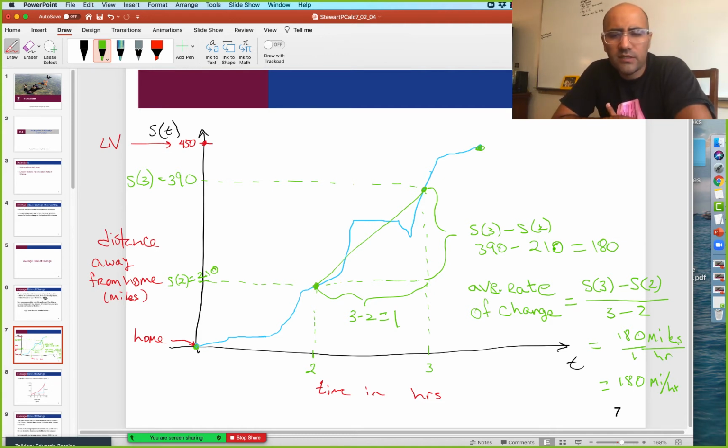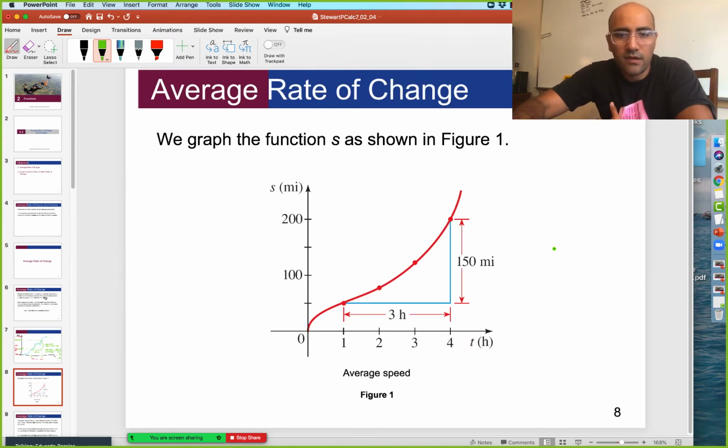A more realistic time, I think, well, I'd have to look to see. I'm not really sure how many miles Las Vegas is from here exactly, but anyway, here is another similar idea, just an easier graph. It's not quite as detailed as the one I did, but it's still a graph that could represent a distance traveled on a trip.